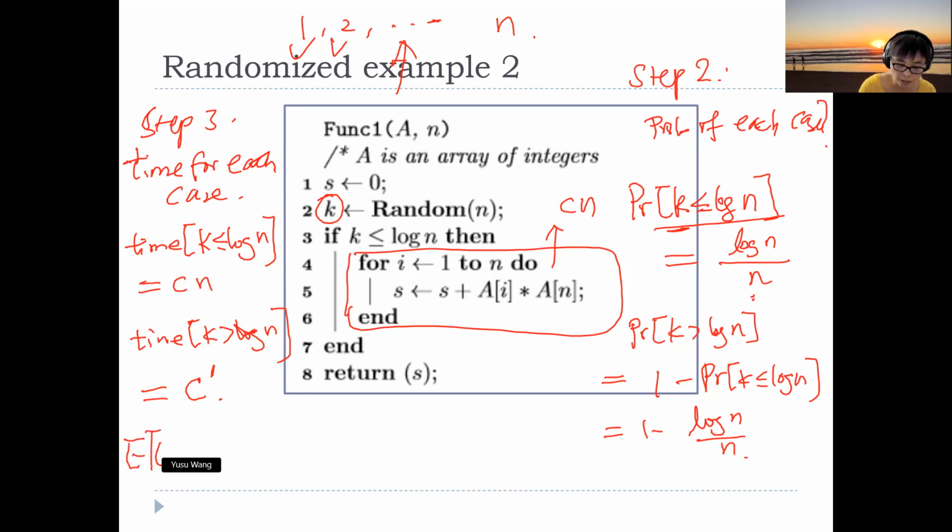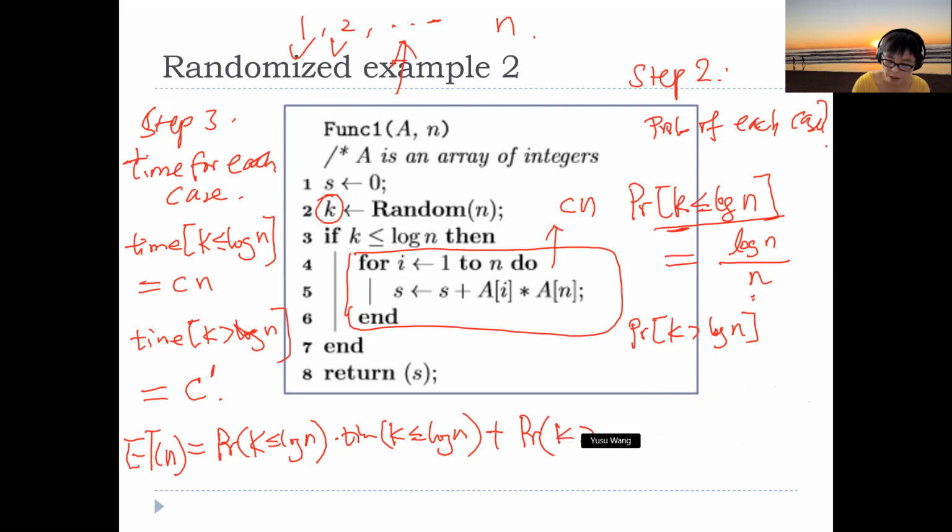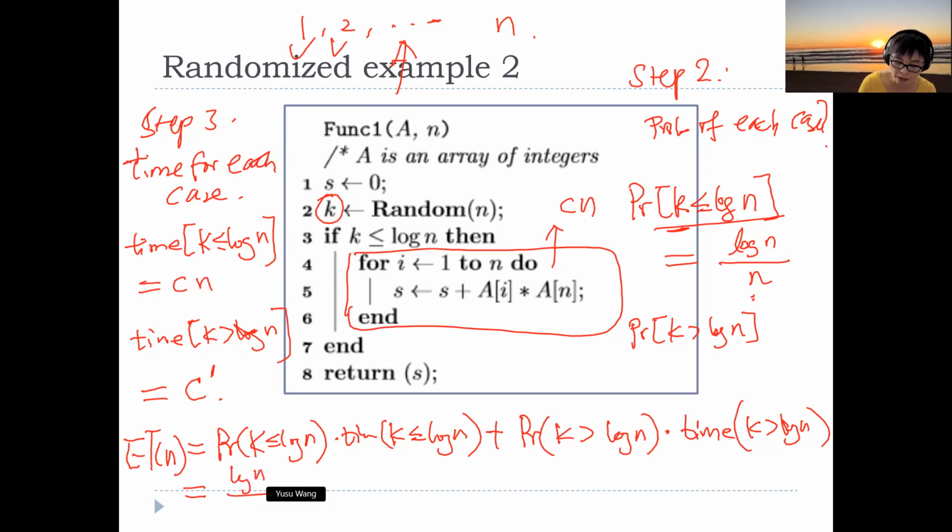So the expected running time of this algorithm equals the probability that k is smaller than log n times the time for k smaller than log n, plus the probability of the second case, which is k bigger than log n, multiplied with the time of k bigger than log n. Plugging in everything that we already know, this probability is log n over n, in which case we take cn, linear time.